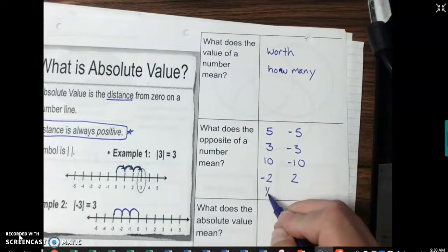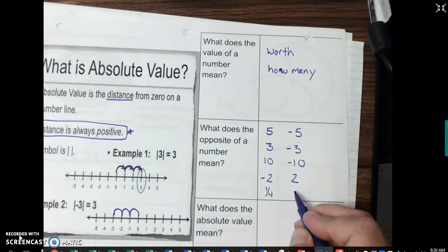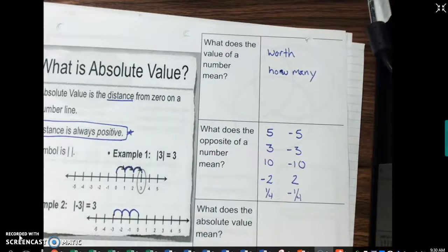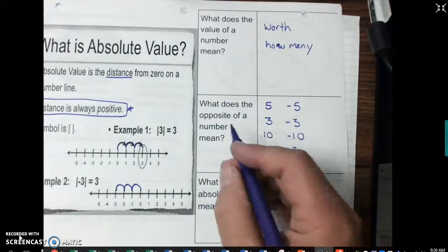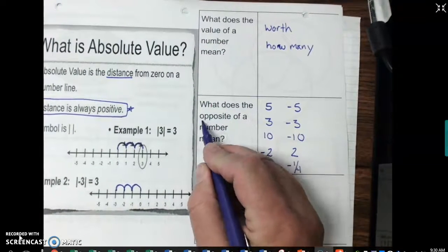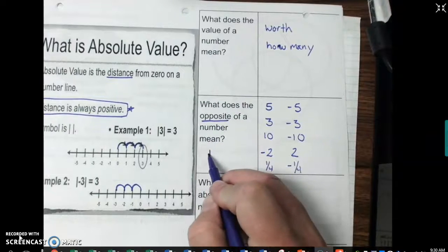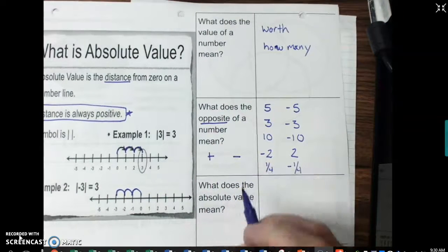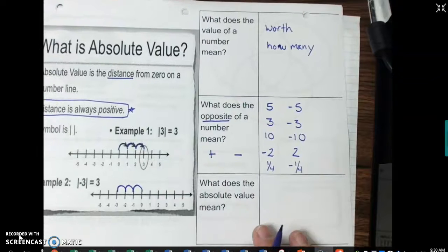The opposite of 1/4? -1/4. It could be -0.25. That's the same value, right? Okay. So in here, I want you to write, underline opposite, and write a positive symbol and a negative symbol, because that's what we're talking about.